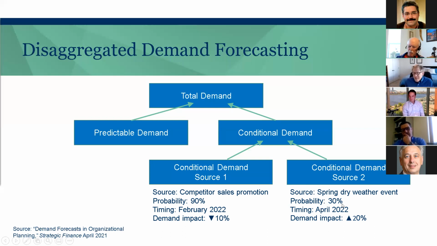Well, if it's only probability of 30%, we might not build that into our financial forecast, but in our scenario planning, it's important to know that there's almost a third, 30% chance that we're going to have this huge demand impact, and that might impact our planning and the quantity that we plan to produce. So let's stop at that point and take any examples you have or thoughts on what I've just been talking about.